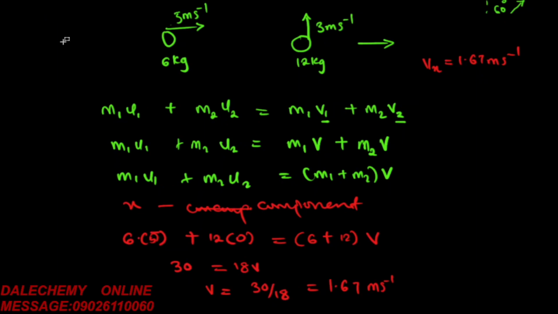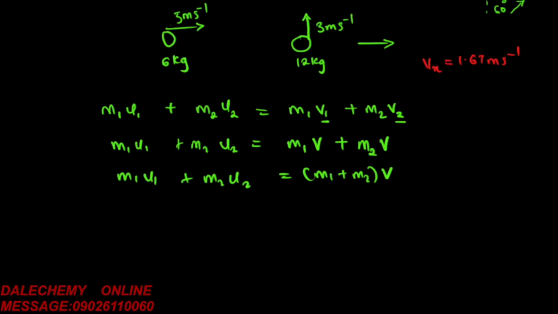So let's do for y component. So for y component, we're still going to use the same formula, but in this case, we're going to consider the y velocity. So the first mass is still 6 times the velocity in y component. It doesn't have any velocity in y component, it's only moving in x component.